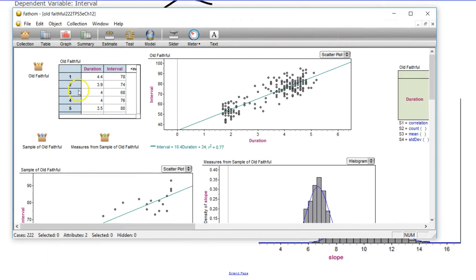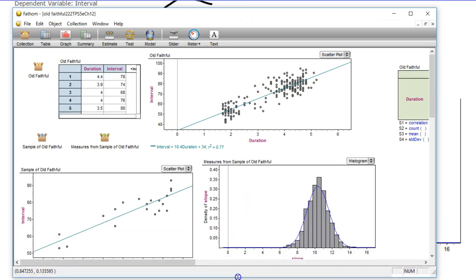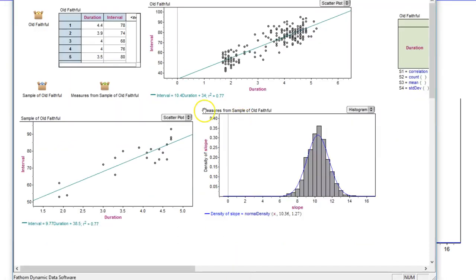In Fathom, I have the 222 observations from the data that we had. This is a graph of the population of all the duration and interval points. And then down here, we have a scatter plot of one sample of size 20.